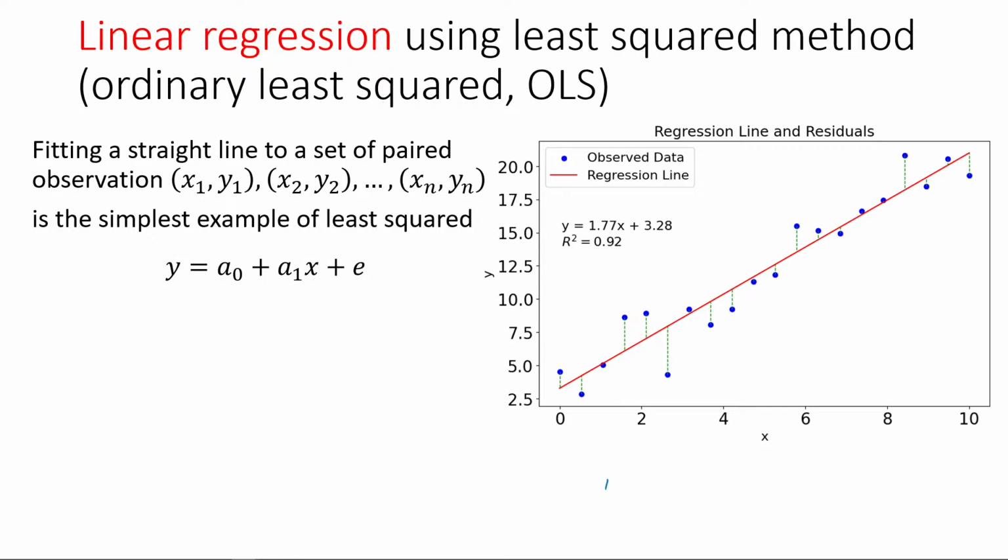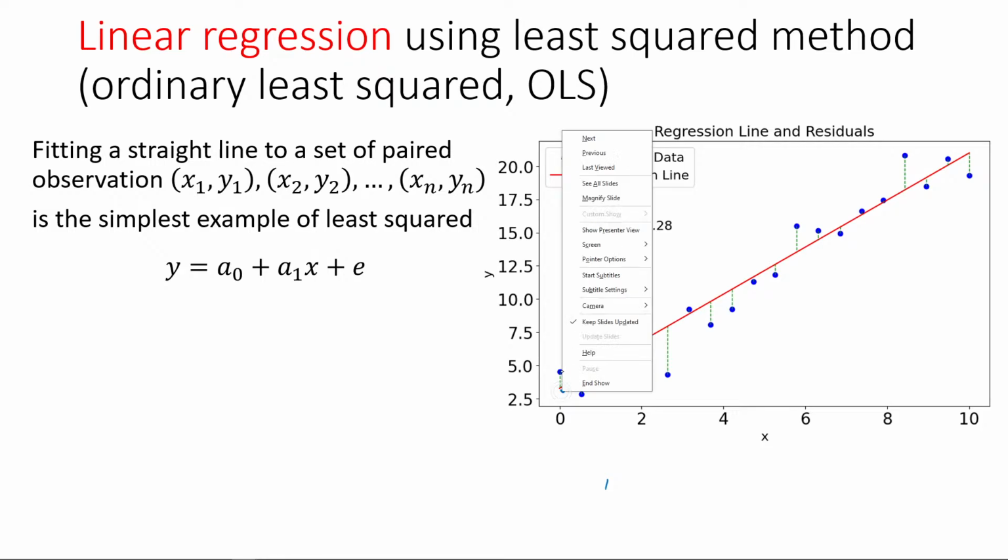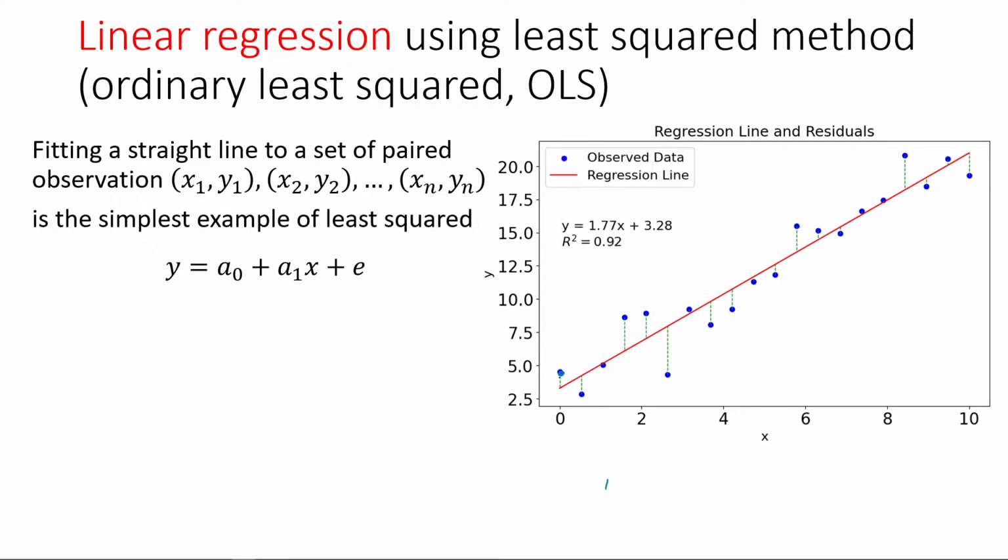So what is the error, or what is the residual? Basically, this is the residual: the distance between your model and your data. My model is here and my data is here. The distance between my model and my data is called the residual. You see this residual here is very small. The residual here probably is the highest, so this data point has the highest residual.